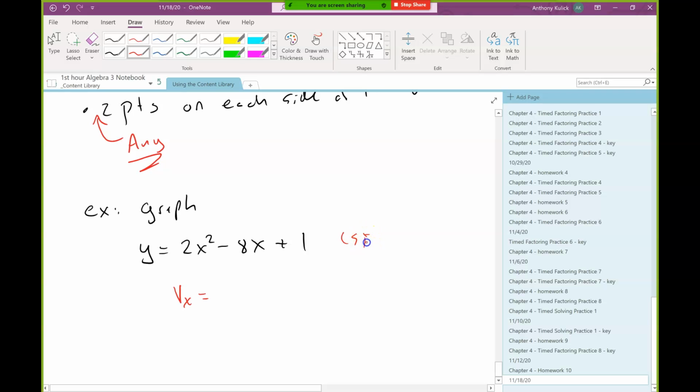Since this is standard form, that's just negative b over 2a. In our case, b is negative 8 and a is positive 2. So that gives me 8 over 4, or 2.